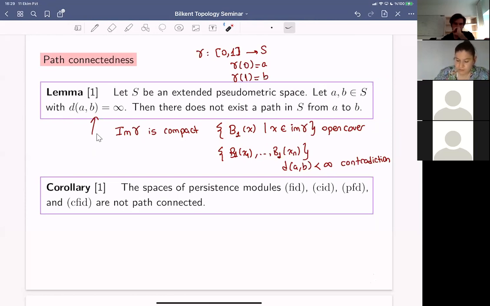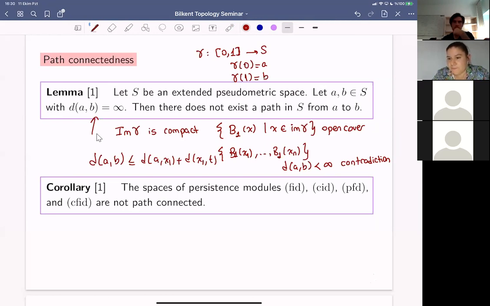When you apply the triangle inequality, the distance from A to B is less than the sum of the distances through the finitely many balls, so the distance should be finite. This won't be affected even when we work in a pseudometric space, because open balls also generate the topology in a pseudometric space.